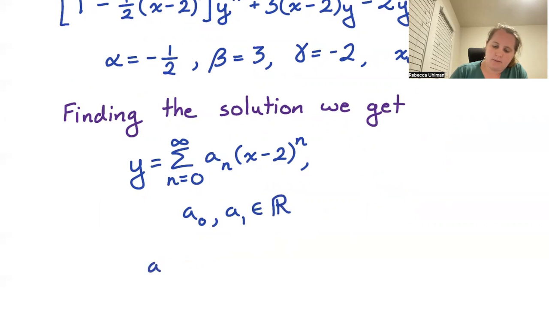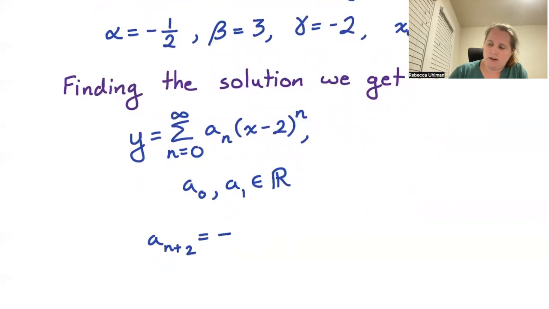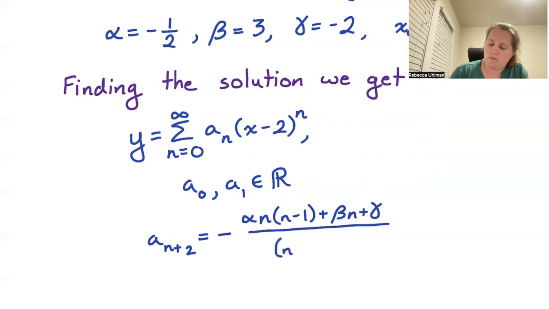And then a sub n plus 2 is equal to negative alpha times n minus 1 plus beta n plus gamma, all over n plus 1 times n plus 2, times a sub n.